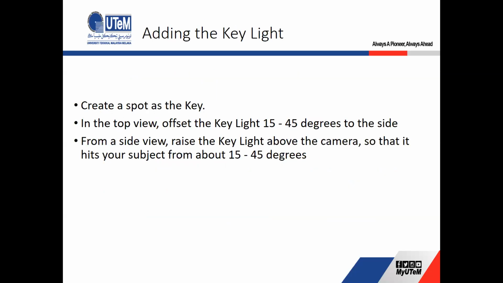Adding the key light: create the spot as the key in the top view. Offset the key light 15 to 45 degrees to the side. From a side view, raise the key light above the camera so that it hits your object from about 15 to 45 degrees.